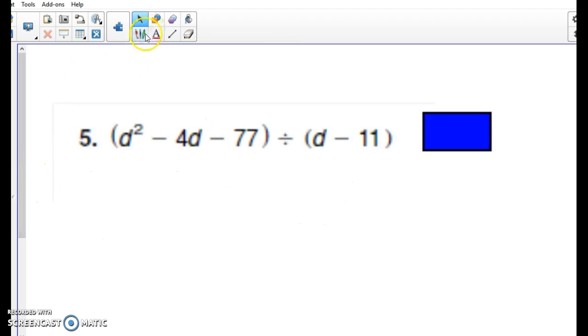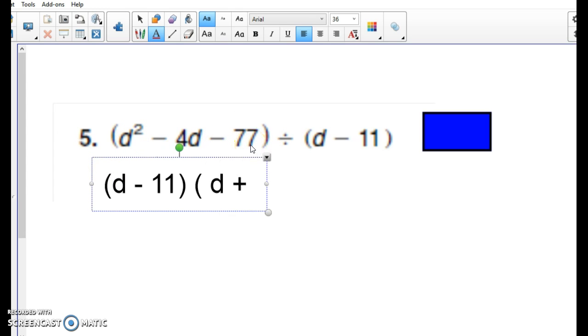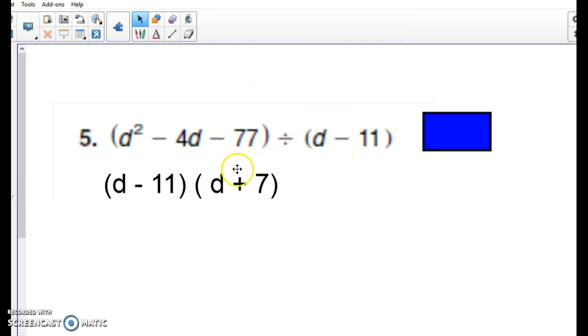Problems like this, again, two ways to do it. So I could just set up my parentheses and see, hey, what is d minus 11 times what set of parentheses, and I need to figure out my other set of parentheses, and I know my final answer is d squared minus 4d minus 77. Some of you might be able to think, well, it has to be d plus 7. And that ends up being your answer, because these two multiplied by each other will give you that answer.